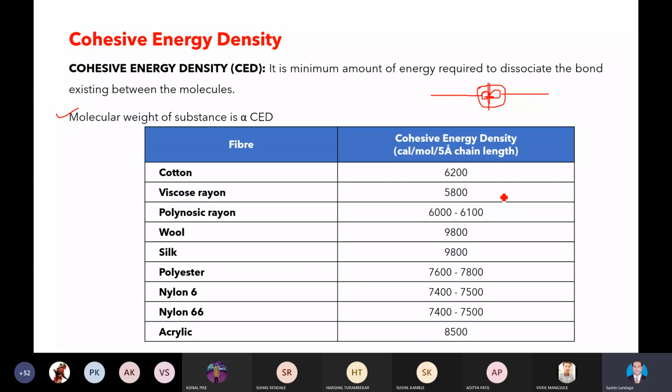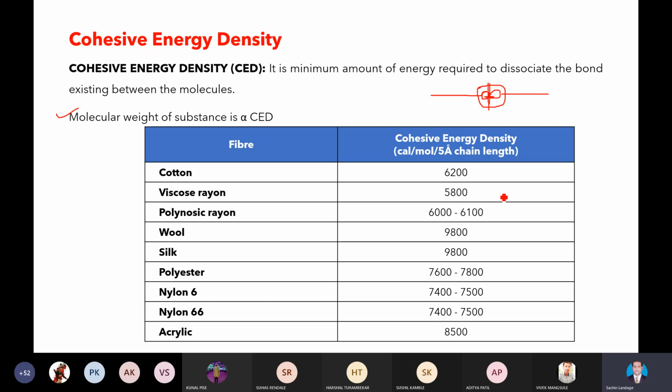Polymer science you are also studying as a subject. Some points are common, but here I am telling you from the fiber point of view, and there you will study from the polymer point of view. No doubt fibers are polymers, but here we are majorly focusing on fibers.